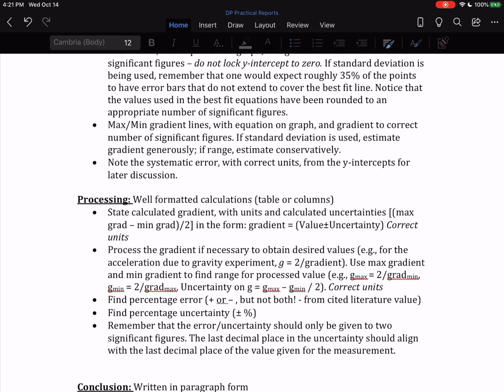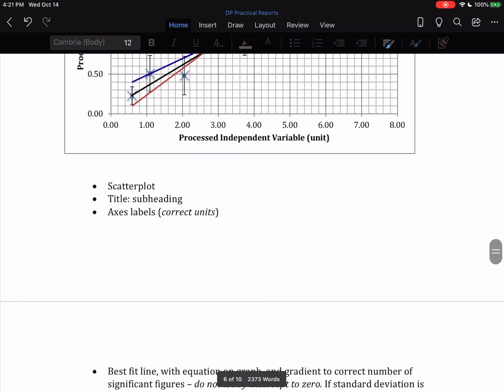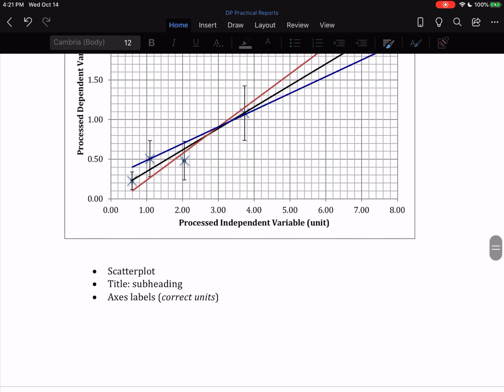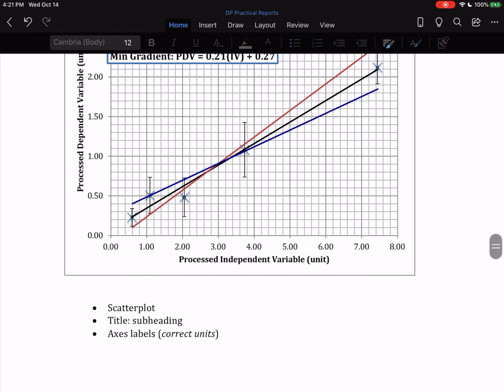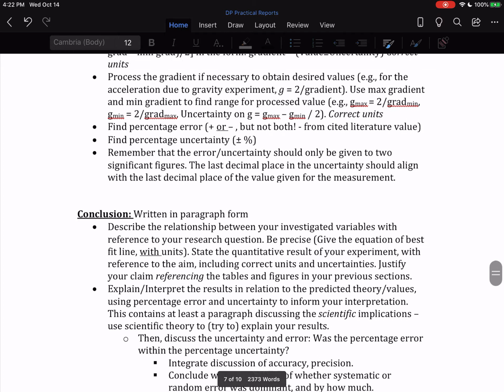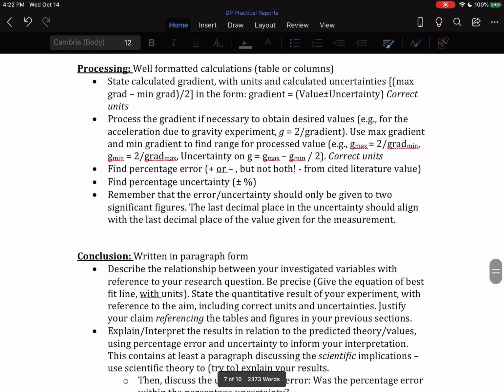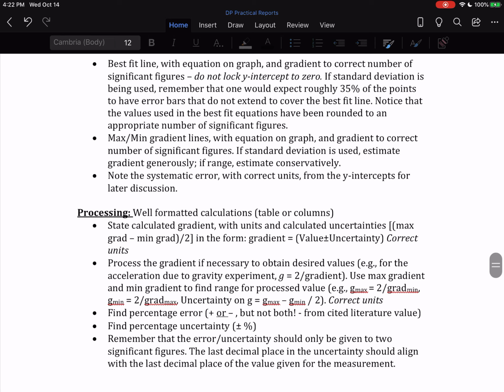It's worth noting that right here you can note the systematic error with correct units from the y-intercepts if you can read off the systematic error. Notice that that only works if the two quantities are expected to be directly proportional. So if that y-intercept is expected to be 0, only then does that y-intercept indicate the systematic error.